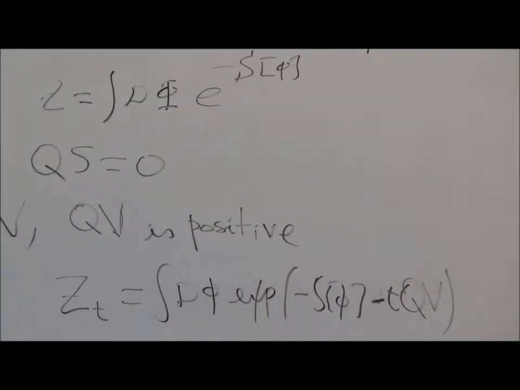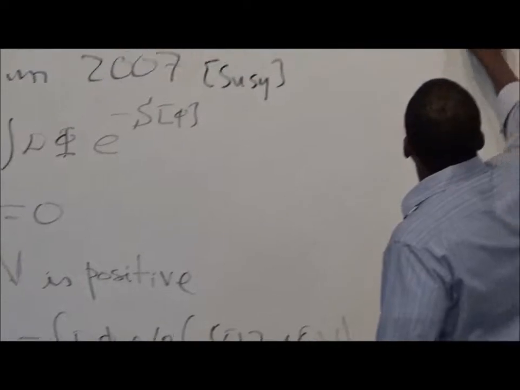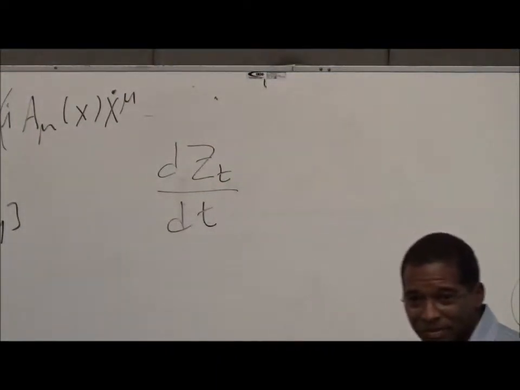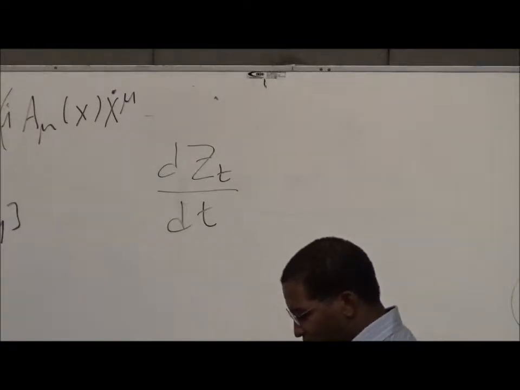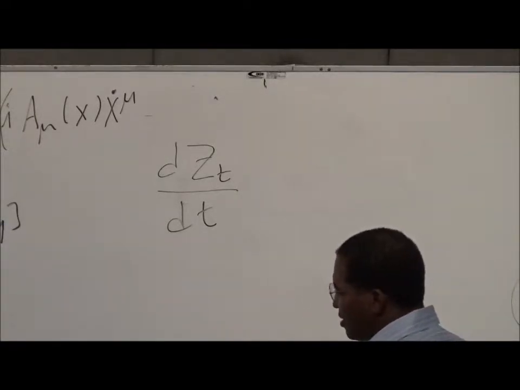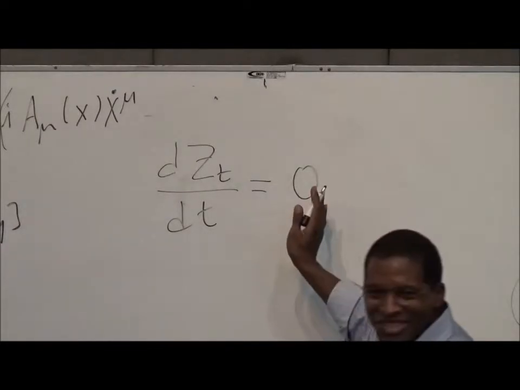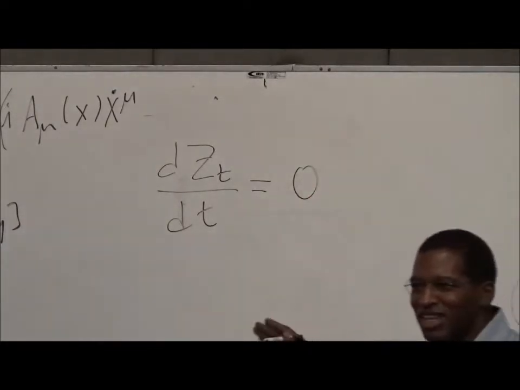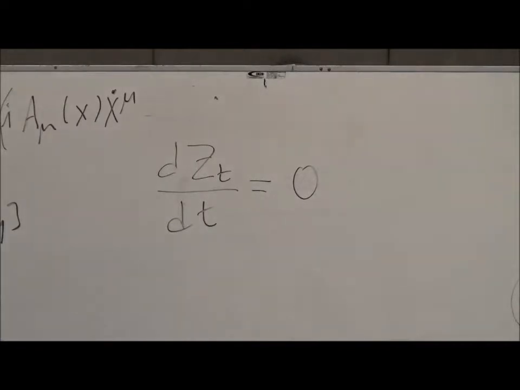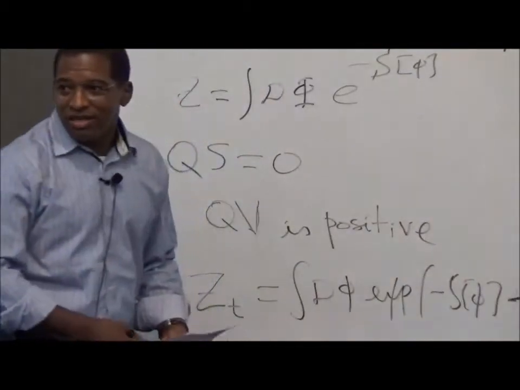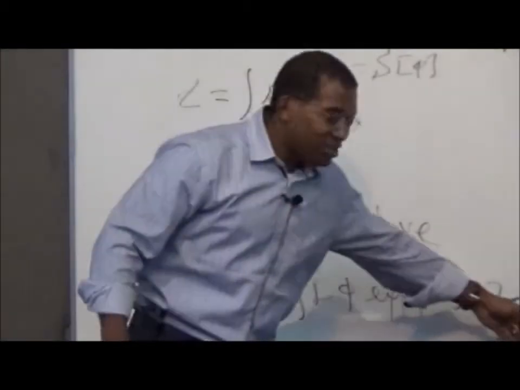But here's the miracle. If I compute the derivative of this with respect to t, what is going to happen? The answer is that this is 0. But now let's see what ingredients you need. When I differentiate this with respect to t, this QV goes down.